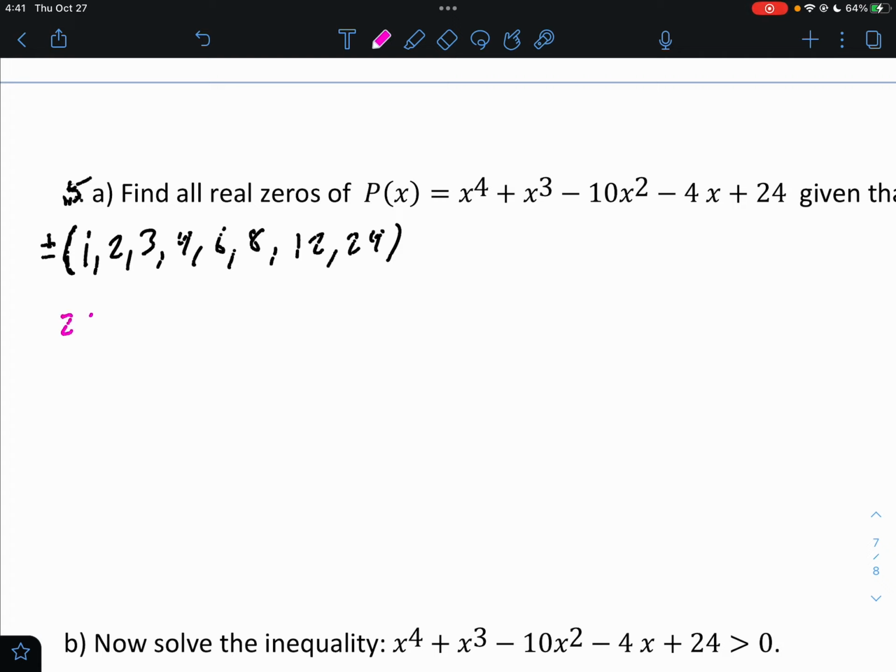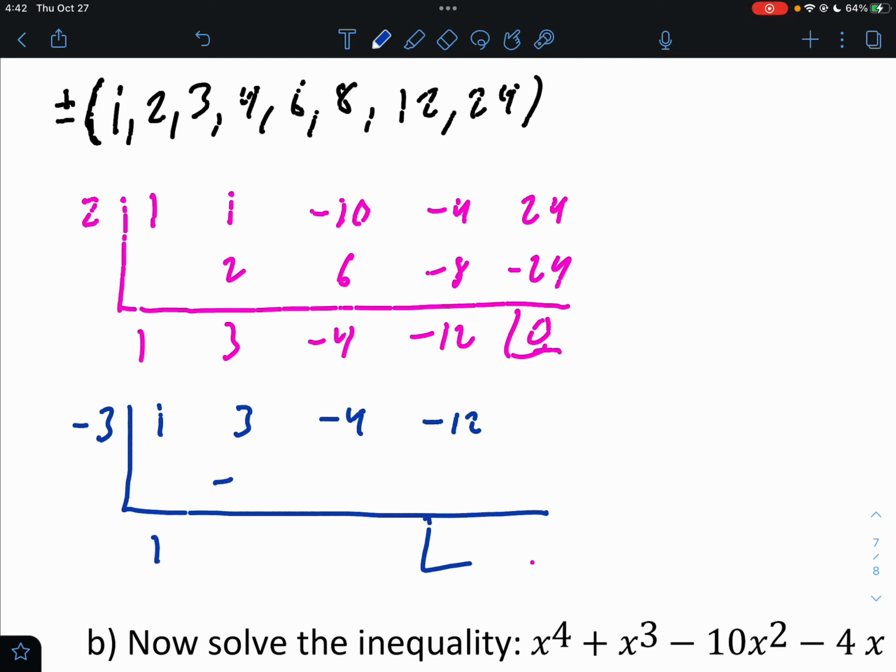So one of our answers is x equals 2. Hey, look at that. They told us that. And I know one of the other answers is going to be negative 3. So now I'm going to use negative 3, but remember, I'm going to use it in my new constants here. So 1, negative 3, 0, 0, negative 4, 12, 0. So I know my second answer is negative 3.